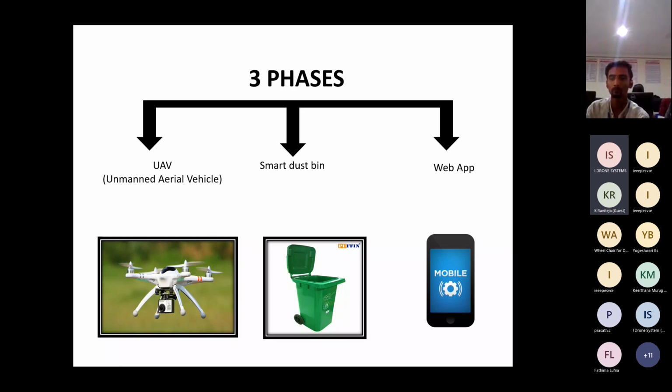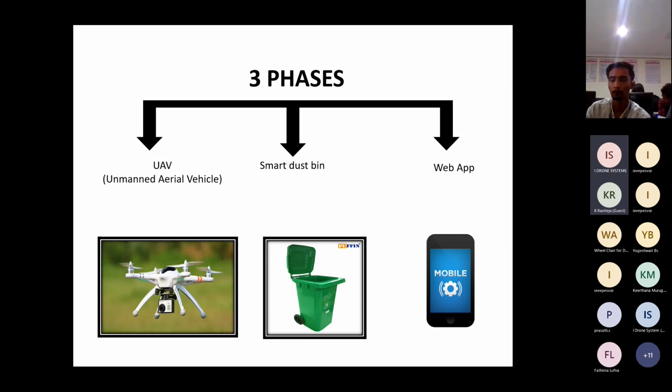They have created a web application using HTML, CSS, and JavaScript, with an IoT interface that shows the drone and the GPS location of the drone, where it is located, and the height of the garbage in the particular dustbin. To say more about these phases, my friend Sindhuja will explain.